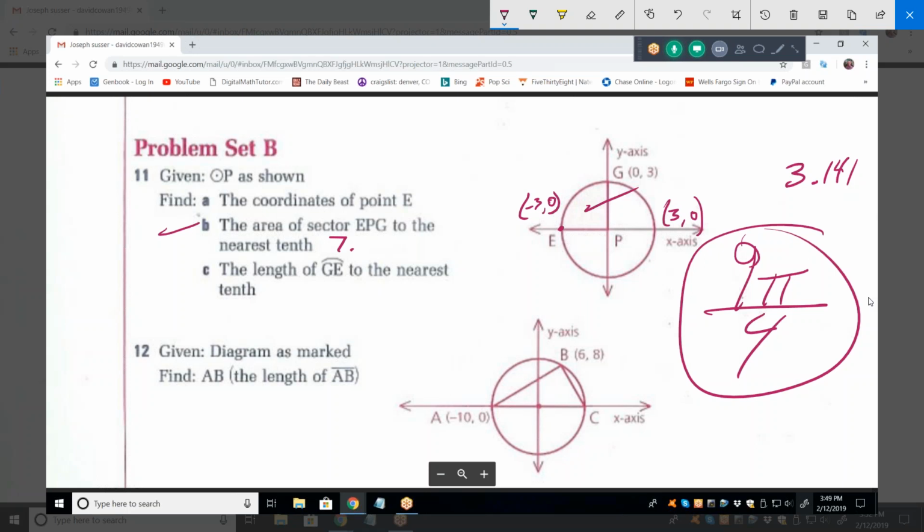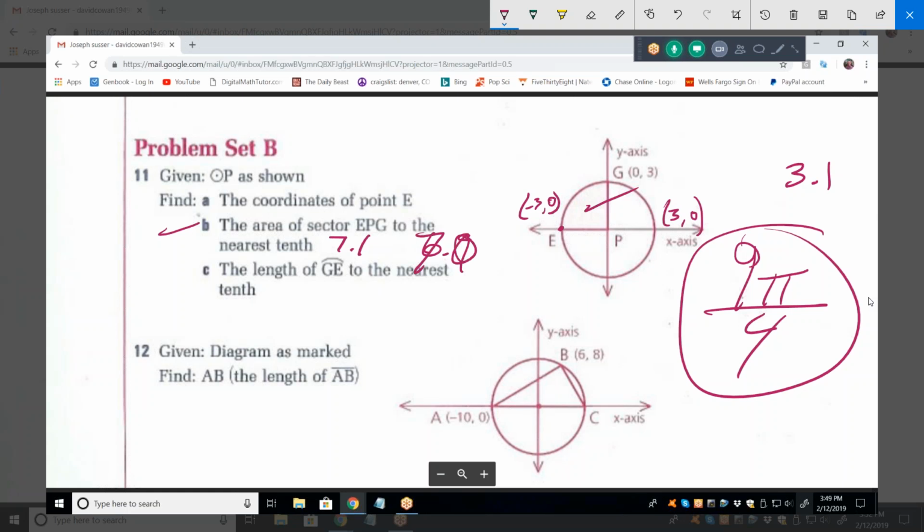7.1. Okay. Now go back and do it where you just use 3.1. See if you get a different answer. Try 3.1 times 9 divided by 4. Equals 6.9. Really? Is that big of a round-off error? It was 7. Well, nonetheless, it's a different answer.